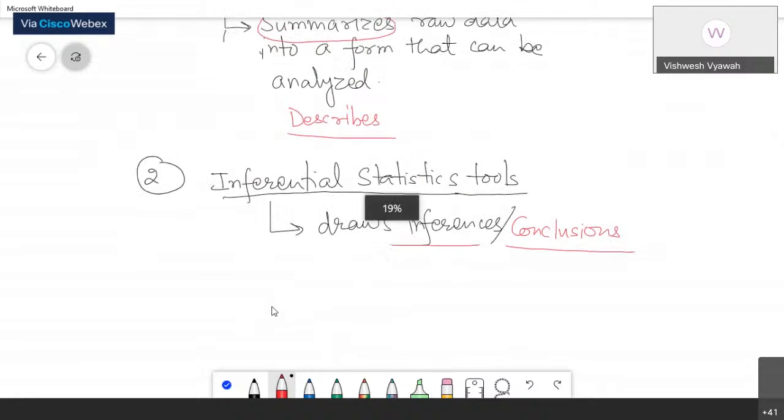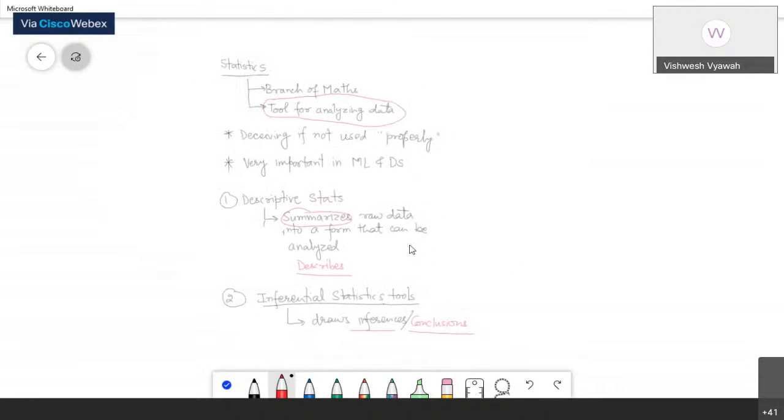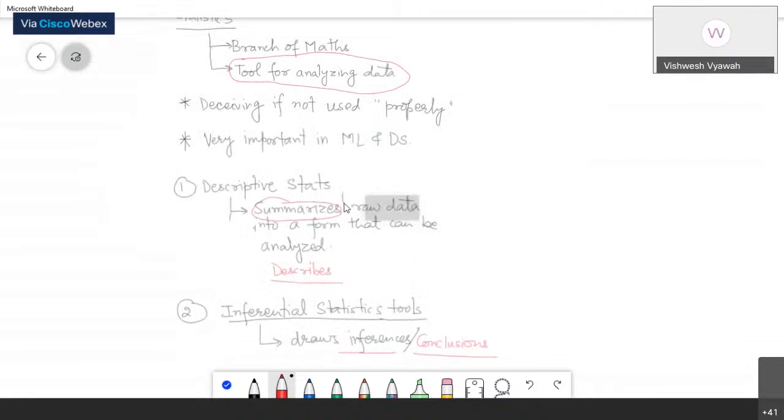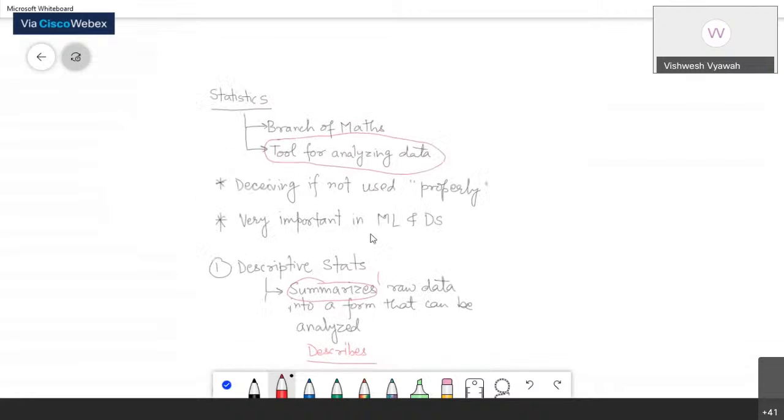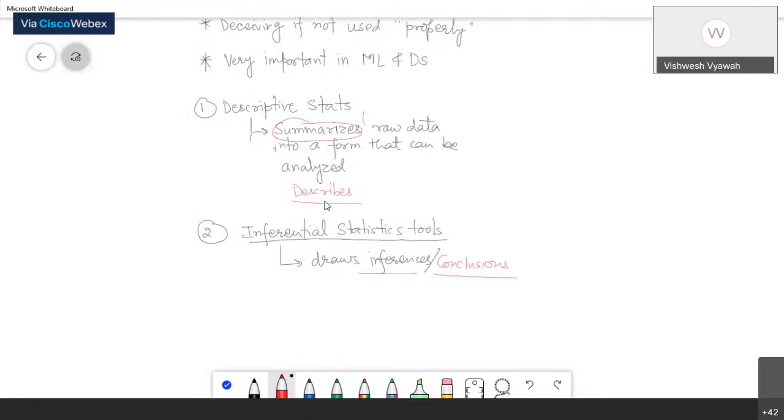So what we have seen up till now is this. We start with statistics, which is a branch of mathematics, and it is a tool used for analyzing data, deceiving if not used properly, very important in machine learning and data science. There are two types of tools available in statistics, broadly categorized as descriptive statistical tools and inferential statistical tools.